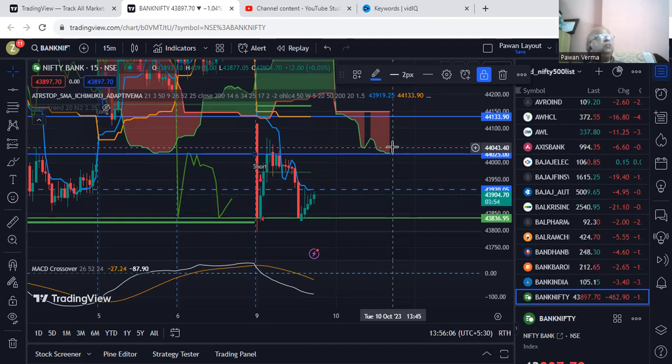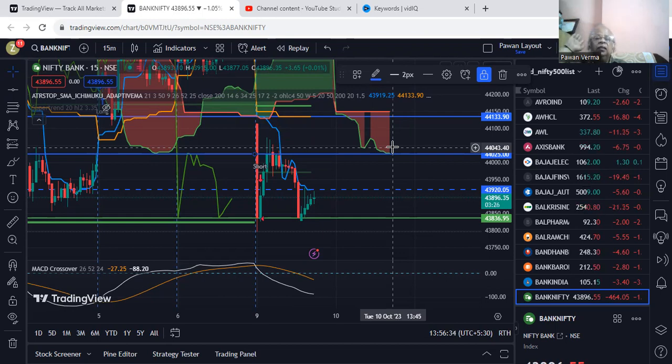In another 15 to 20 minutes, what I am observing is that Bank Nifty will trade above 43,920 and thereafter it may approach 44,025 and 44,133.